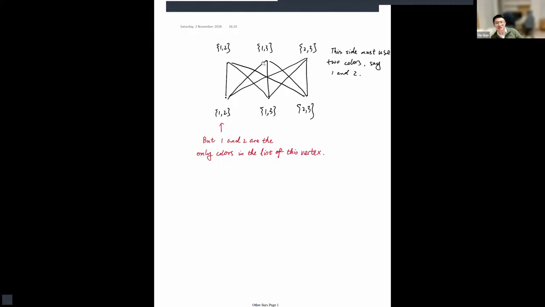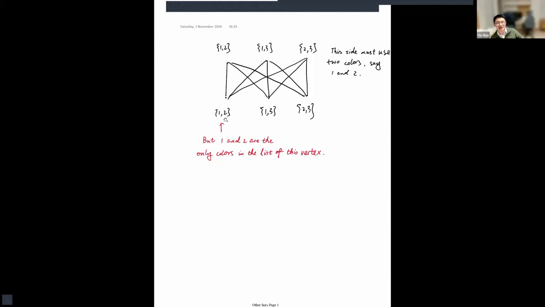Therefore, you need at least 2 colors to be chosen from this part. Say you choose 1 and 2, maybe you choose 1 for this, 1 for this, and 2 from here. But it will cause a problem. So if you have 1 and 2, then you consider this vertex, because all the colors in its list are 1 and 2.